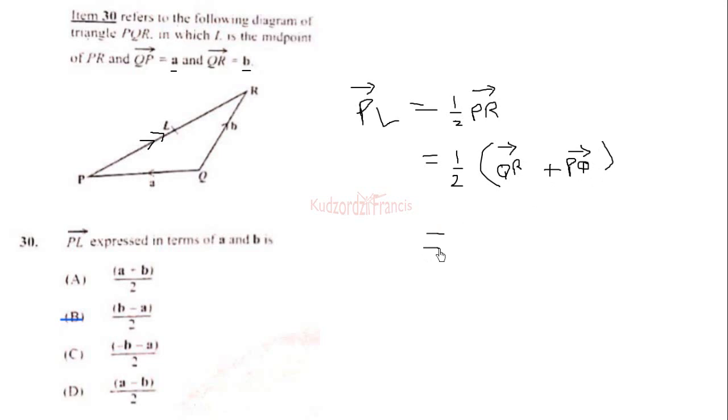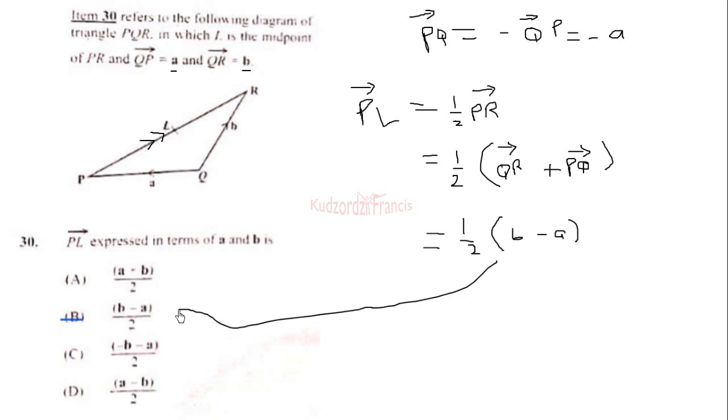We know that QR is B. And we're given that QP is A, but we know QP is the negative of PQ, so vector PQ is equal to negative A. So we plug in negative A here, and this is the same as this. So the answer is correct. This answer B is the correct choice.